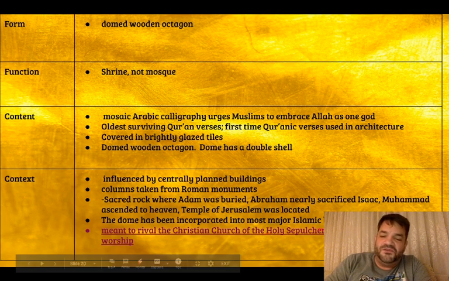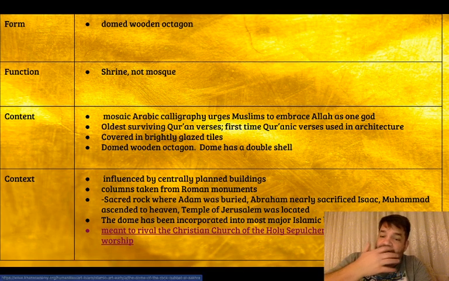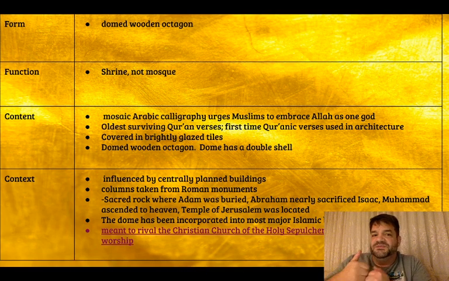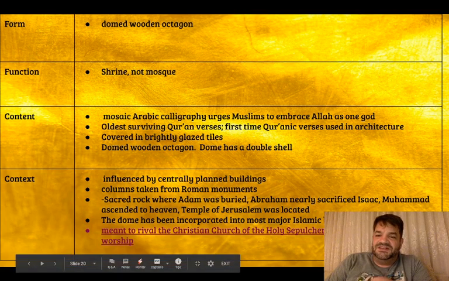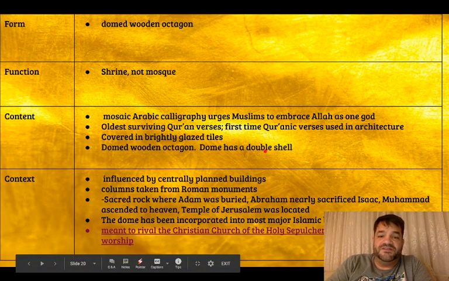And it was also meant to rival the Kaaba as a place to come in and worship, because at the time that it was built, there was some geopolitical friction between Jerusalem and Mecca. So if you're interested, go ahead and give this a click and learn a little bit more about that. Okay, so the dome does have a double shell.